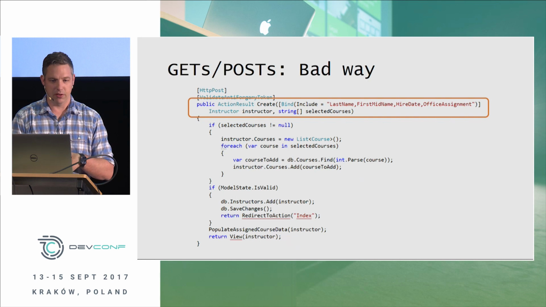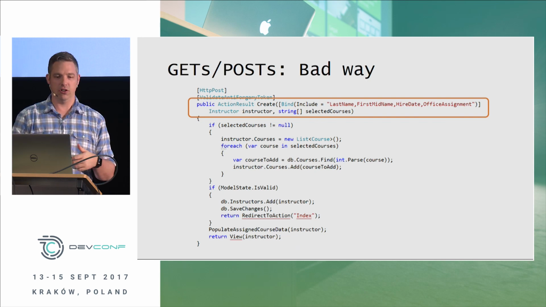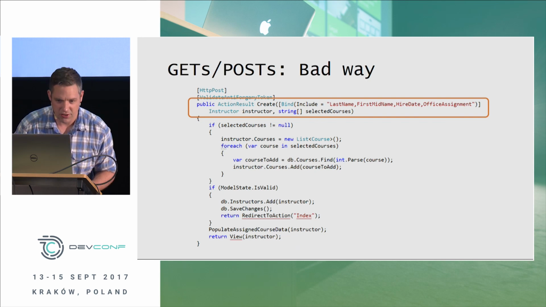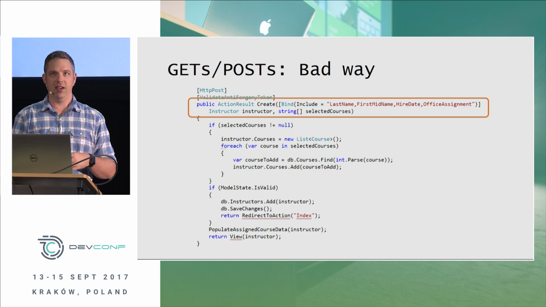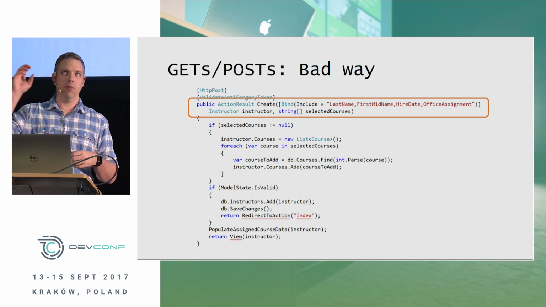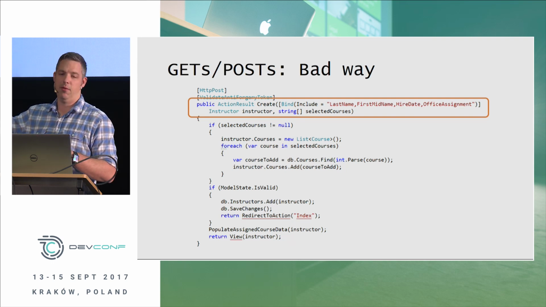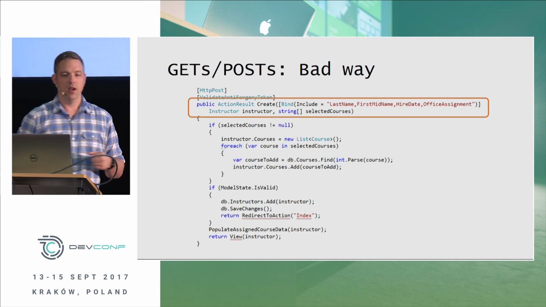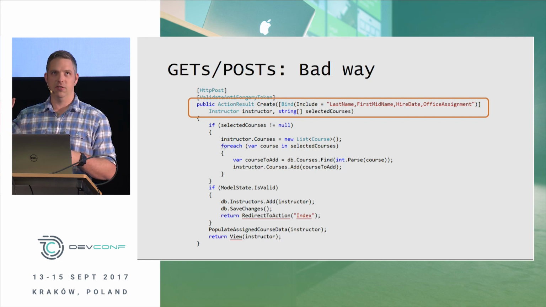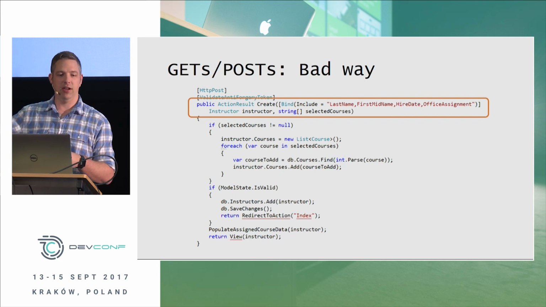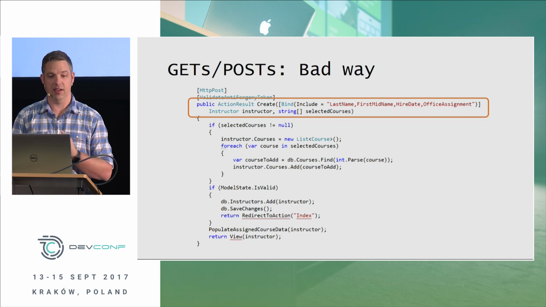So this one, for example, it's a post action to create, in this case, a new instructor. And the thing that it would be using to model bind against, that is, what it was using to bind those raw request parameters into an object, was the actual live domain object, the data object that was connected to the ORM behind the scenes.